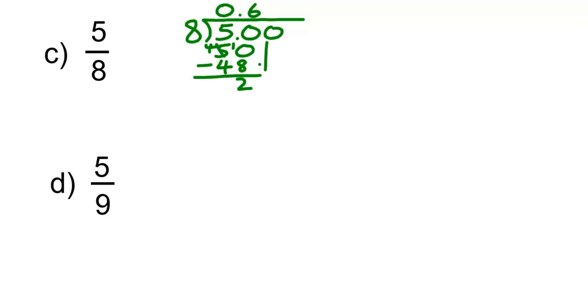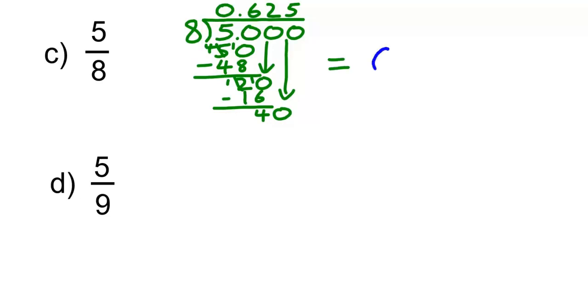Bring down a 0. 8 goes into 20 2 times. 2 times 8 is 16. 20 minus 16 is equal to 4. Bring down another 0. And 8 goes into 40 5 times, and that works out perfectly. So we can stop. So 5 over 8 is equal to 0.625.